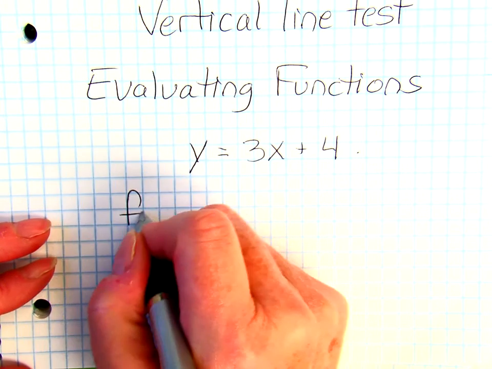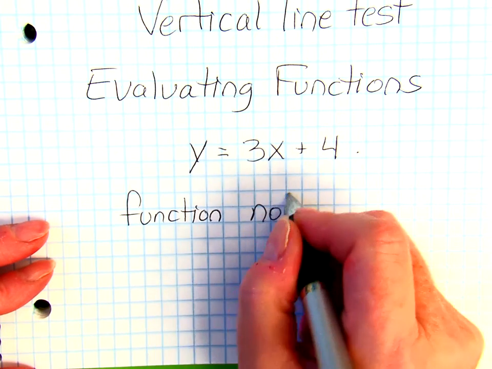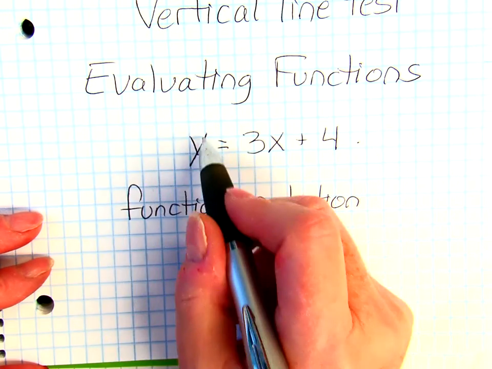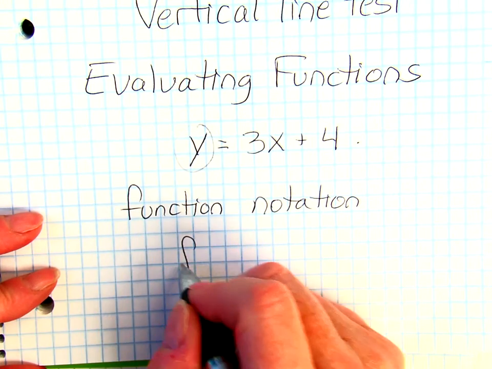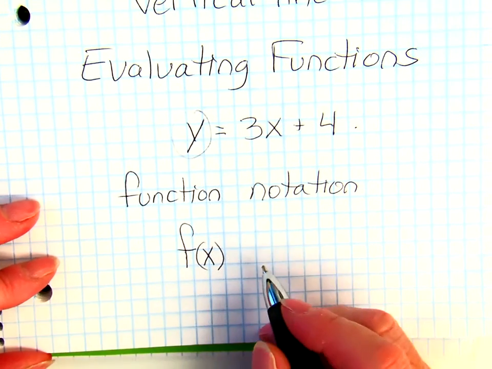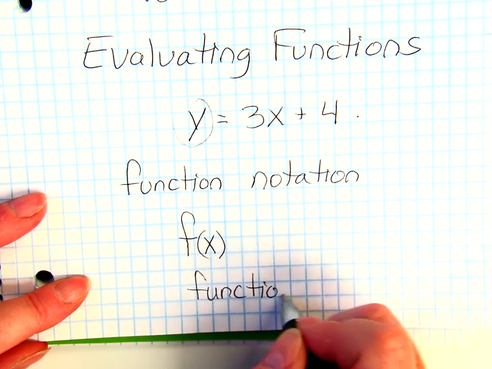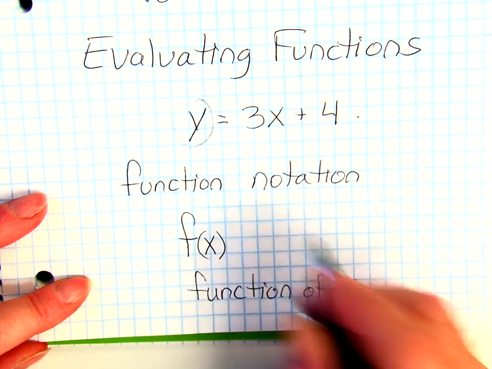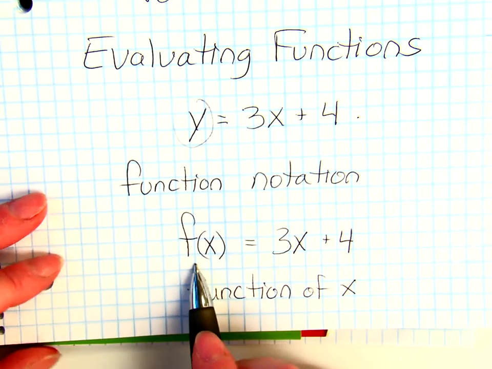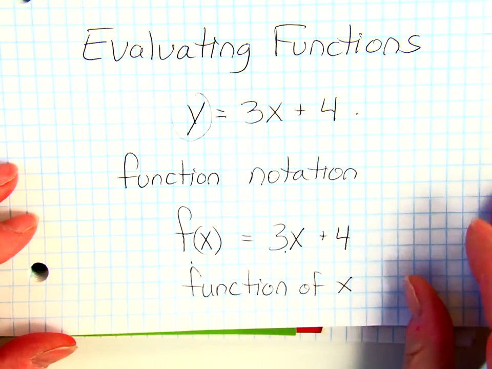Now, we also have function notation. When we use function notation, all we are doing is replacing y with f of x or something similar to that. This is just saying the function of x. It is used the same way. It just replaces our y, but this is called function notation.